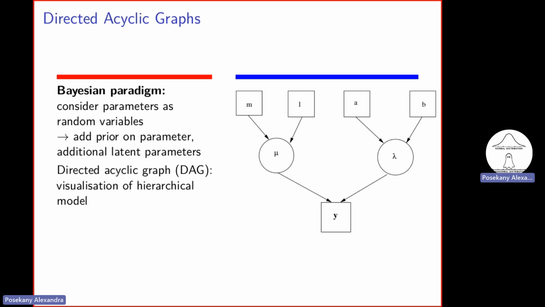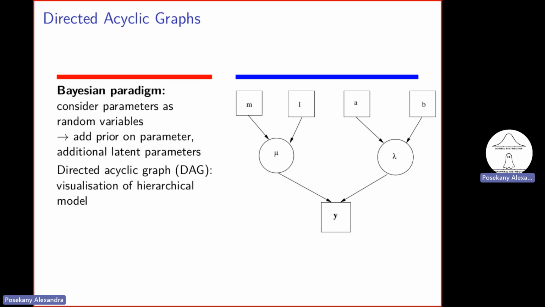I will let you do a lot of computations today, but I want you to understand a little bit what's happening behind these algorithms, how these models are actually built when they are getting more and more complicated, and how this is actually added in the Bayesian paradigm.